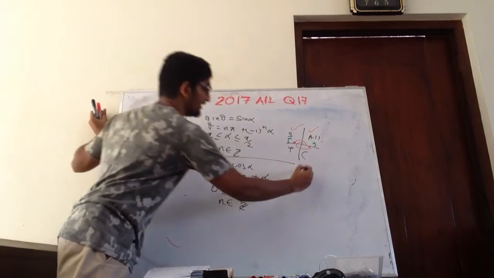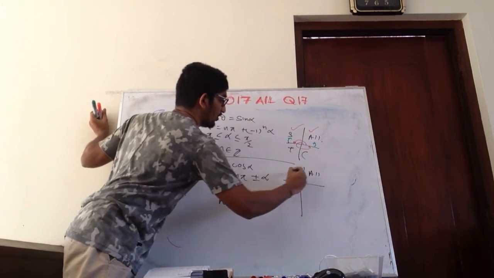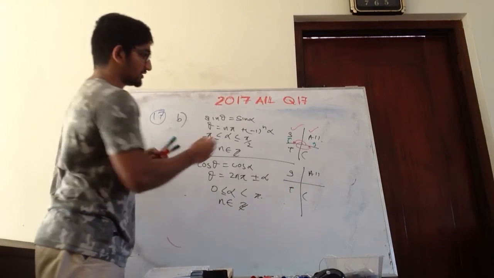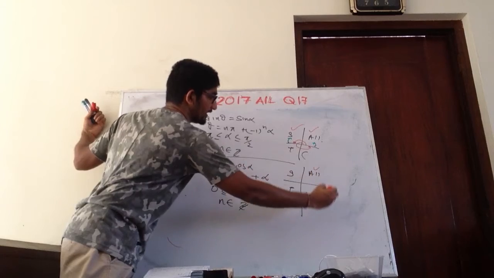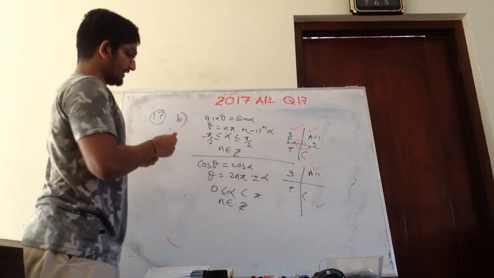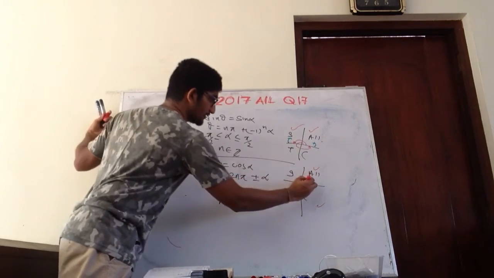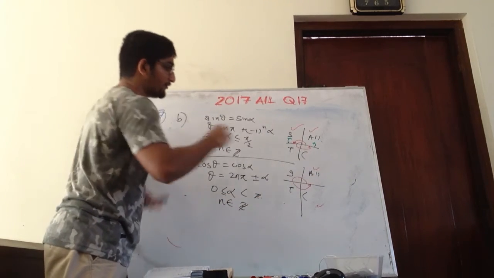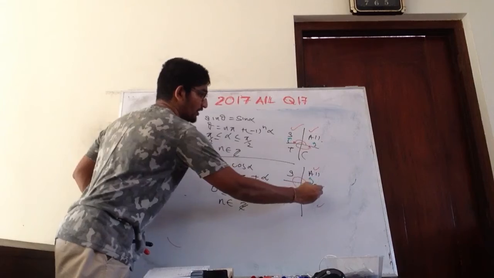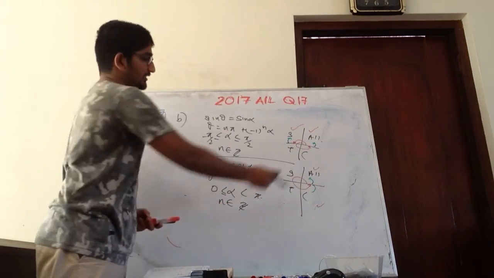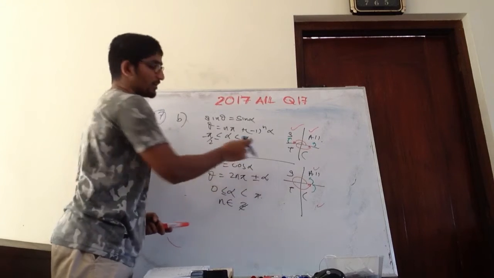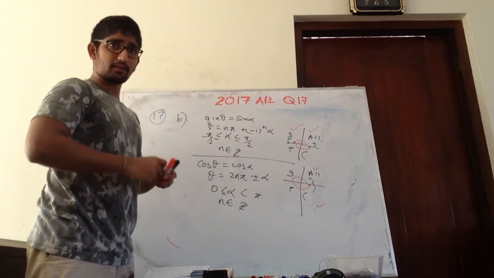So yet again, here in ASTC, the cos part is positive here and here. So n pi is basically here. If we go either way, here or here, the cos part will be positive. That's why it's 2n pi plus or minus alpha.